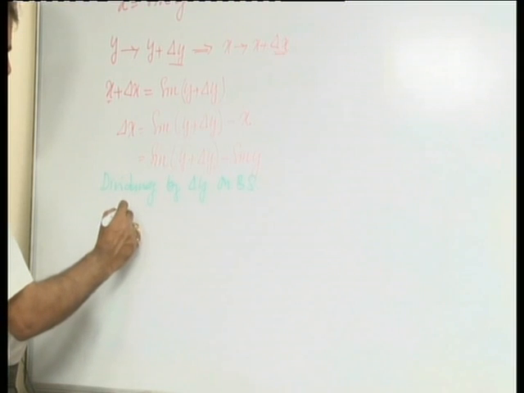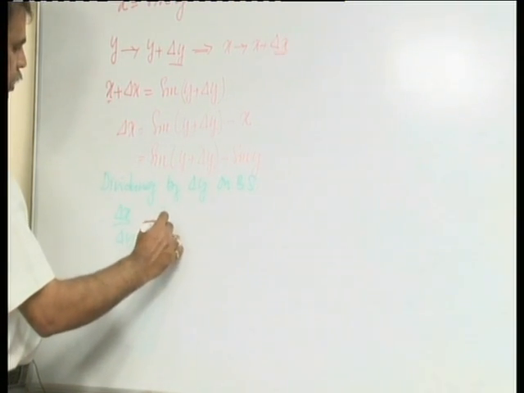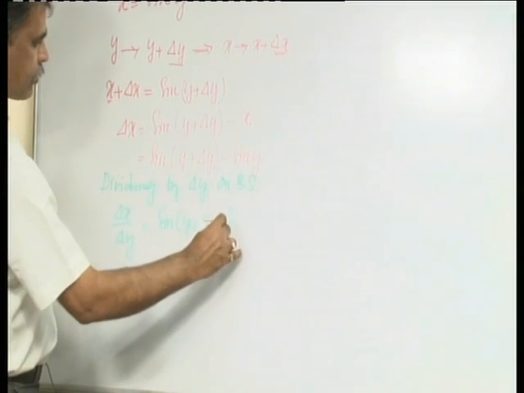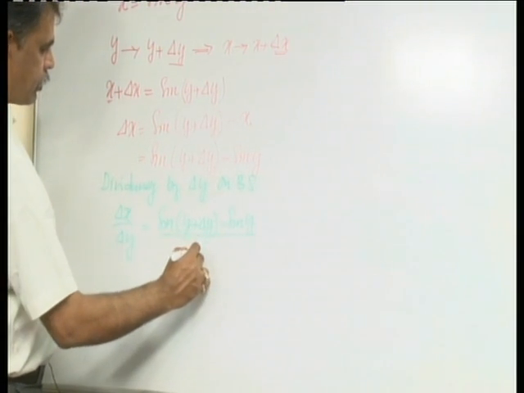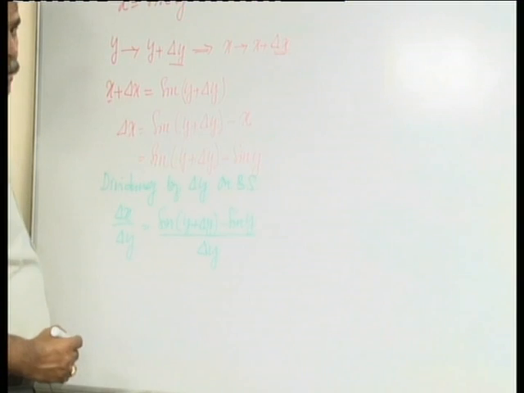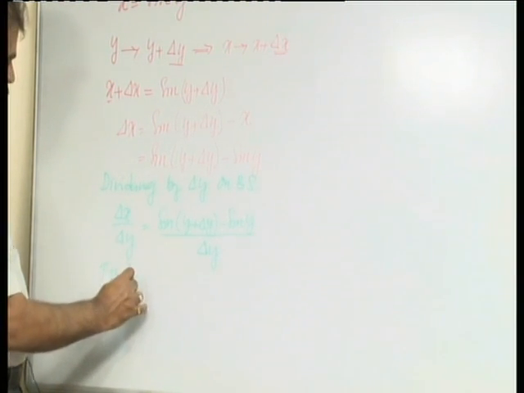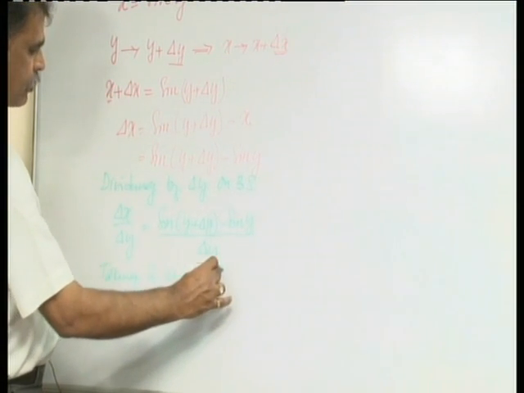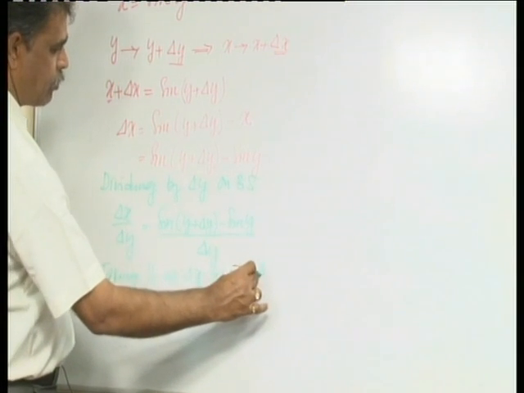Therefore, delta x divided by delta y is equal to sin of y plus delta y minus sin y, whole divided by delta y. We have to take the limit as delta y tends to 0 on both sides.